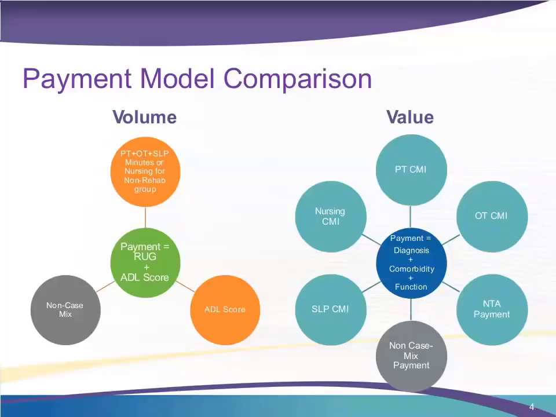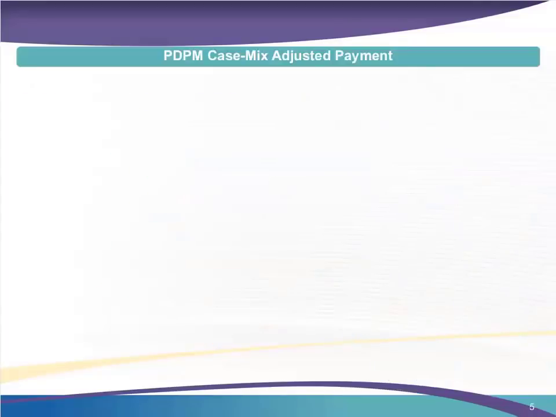As you can see on the right-hand side, there are 6 different components. 5 of those have case mix indices attached to them. PT and OT today, or certainly what we're going to talk about, there is a non-case mix payment that doesn't change throughout. So the PT and OT components are determined exactly the same, which is why we have lumped those together.